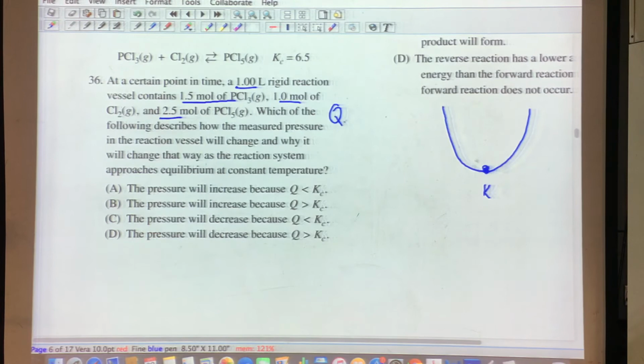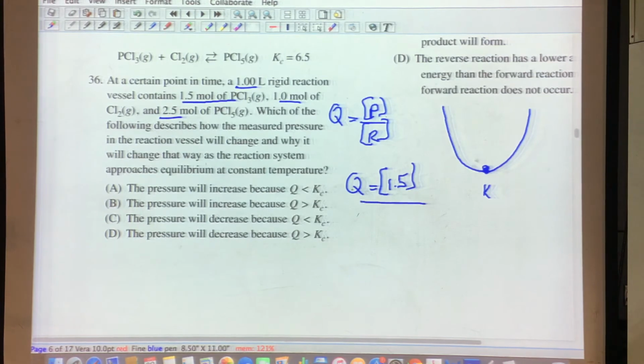Q is equal to products over reactants, coefficients become exponents, solids and liquids don't apply, they're all gases. So what's my Q? My Q is going to equal my product, PCl5, to the first power, over the reactants. The reactants are PCl3, which was what that was. Thanks for correcting me.